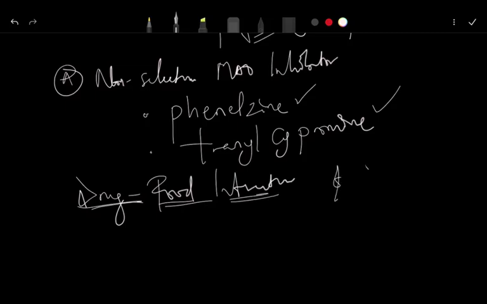They also show what we call drug interaction. Are you there with me? So phenelzine, tranylcypromine, these are your drugs under non-selective MAO inhibitors.